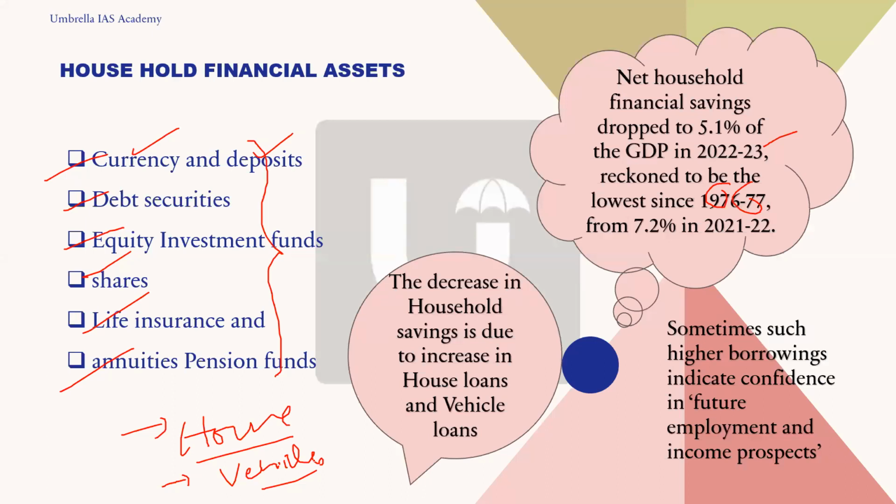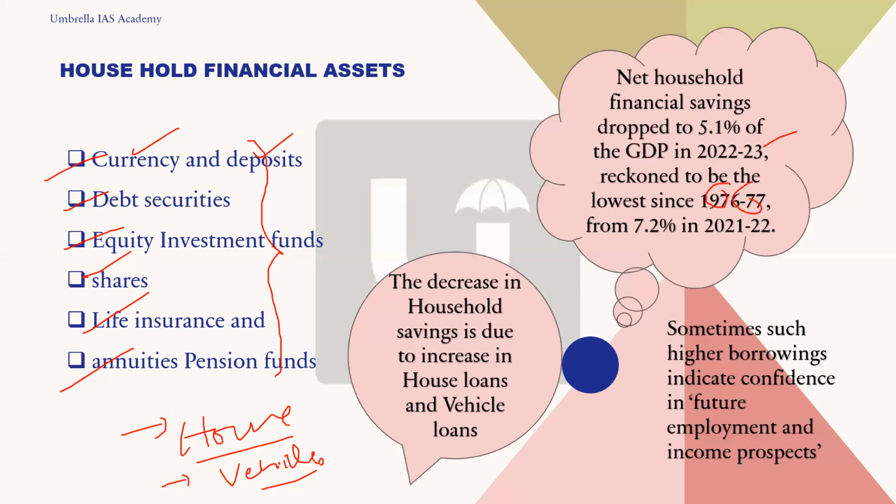We are spending on two things: house and vehicle loans. This is the reason they have given that the savings rate has reduced, not because our incomes have reduced or something like that. No, the money is being spent on buying houses and buying vehicles.